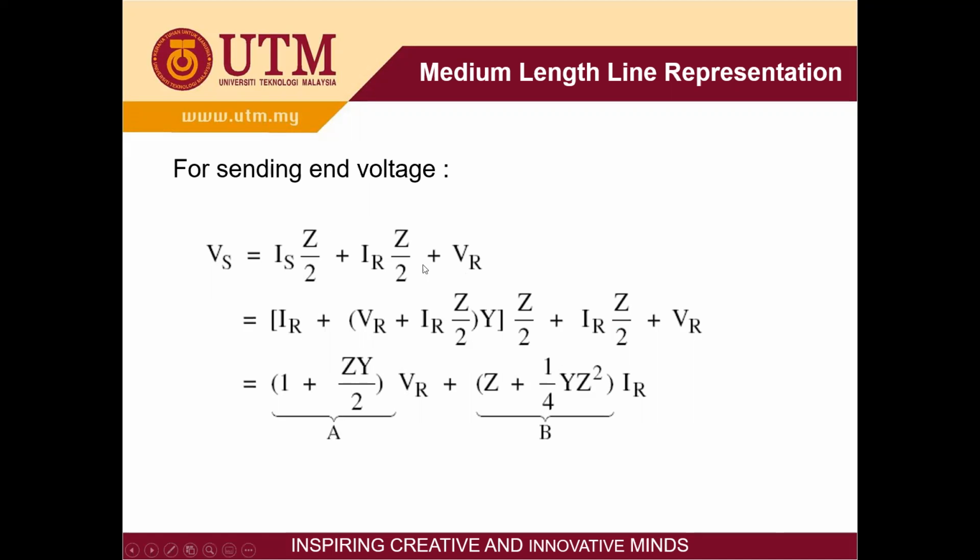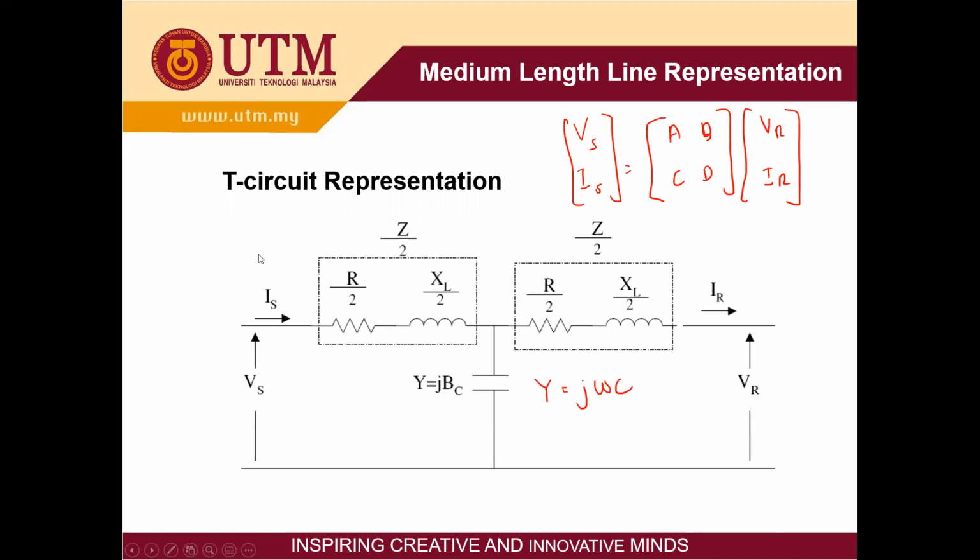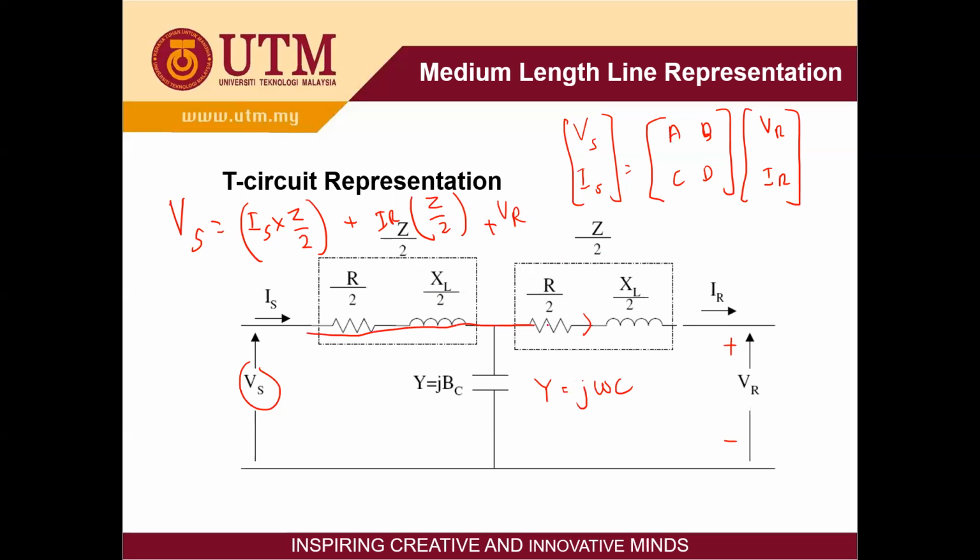So Vs is equal to Is multiplied with Z over 2, plus IR multiplied with Z over 2, plus VR. So the KVL is flowing like this.